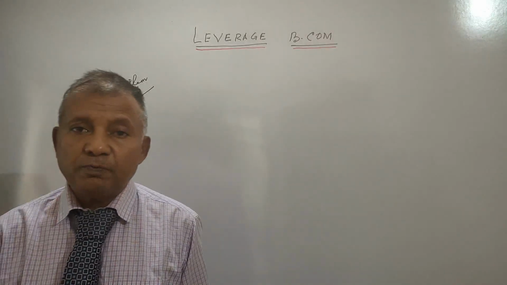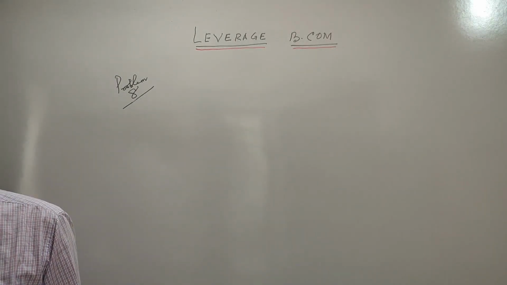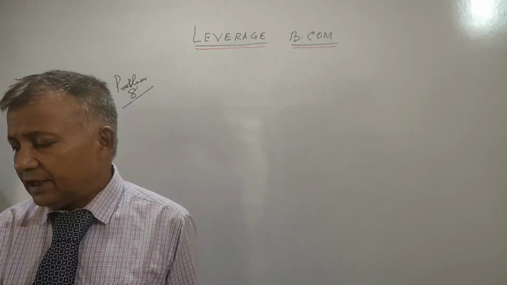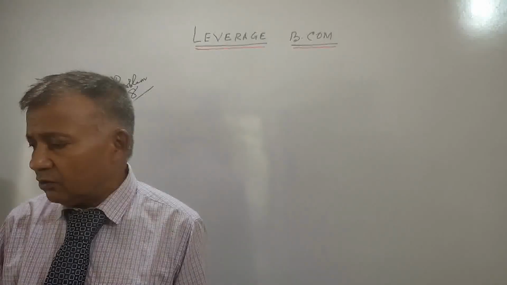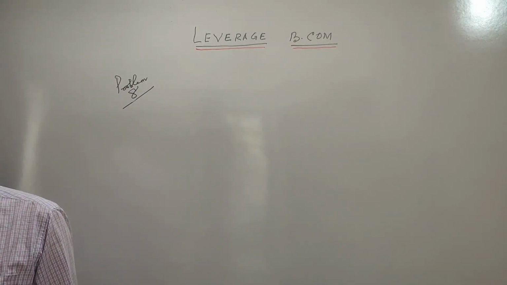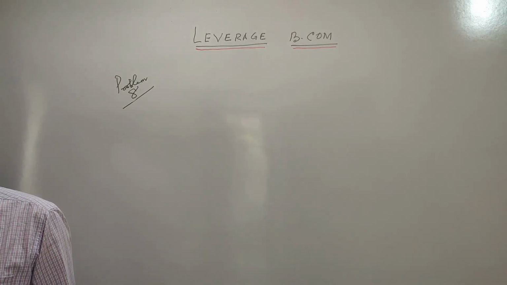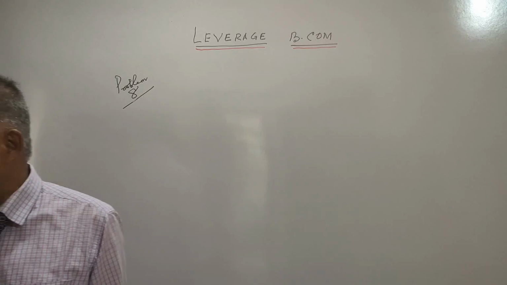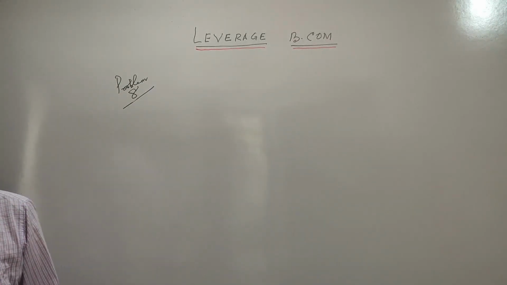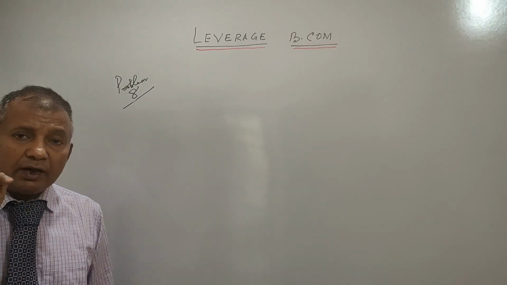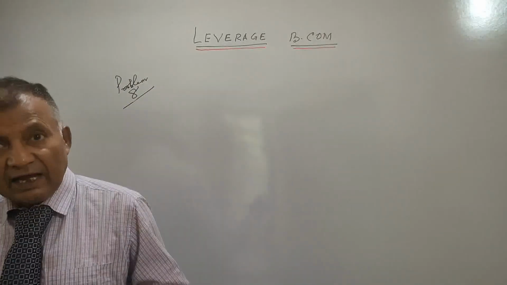They have asked you to find out the financial leverage, PV ratio, EPS, and at last asset turnover, and your comments on asset turnover. The last one is at what level of sales the EBT, earnings before tax, will be equal to 0. So EBT will be 0 at what level of sales? So lot of things they have asked you.